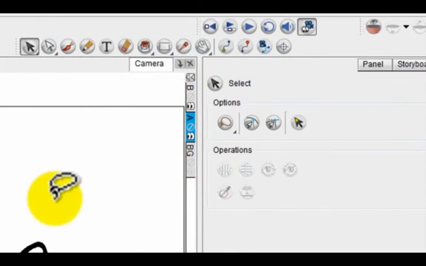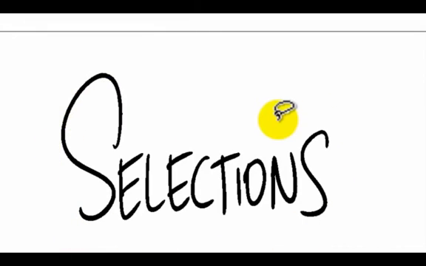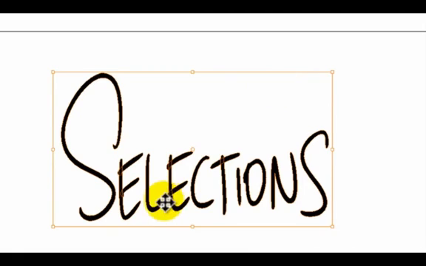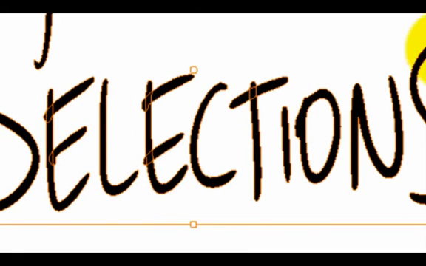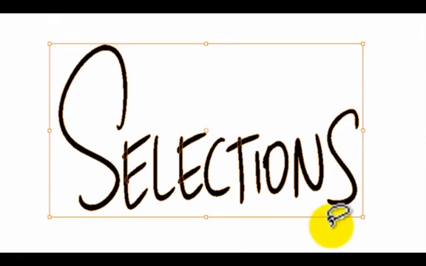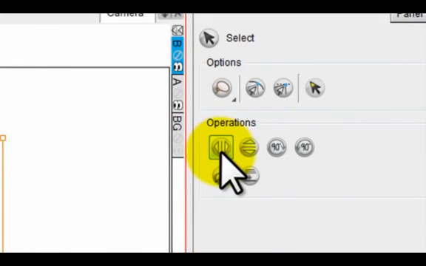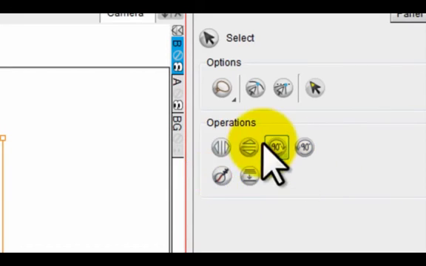But if we use the selection tool and actually have a selection chosen, and you can tell it's selected because it has these colored outlines around every individual stroke, we now have more options under this area.